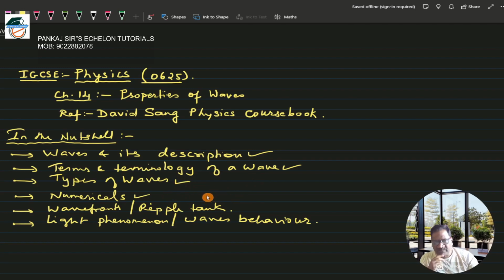Now, if you remember in the last video, in the terminology, I had mentioned the wavelength, the frequency, the time period, the speed of the wave, etc. These are the basic properties of any wave. But somehow I skipped one property last time, and the name of that property happens to be amplitude. So today I'm going to brush up all these properties once again before you, and then I'll come down to the numericals.